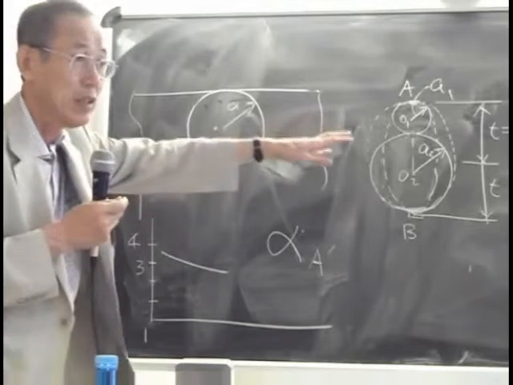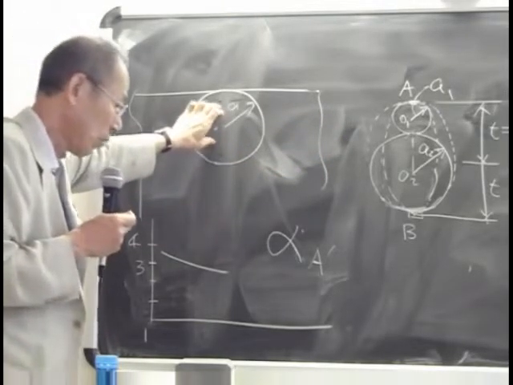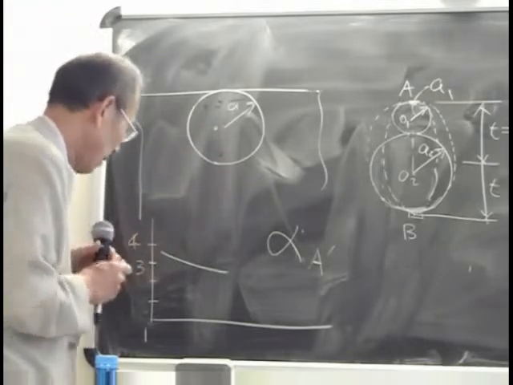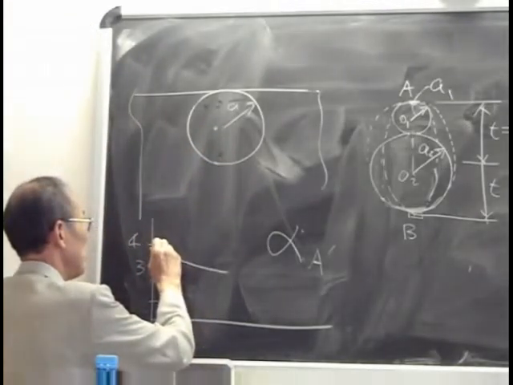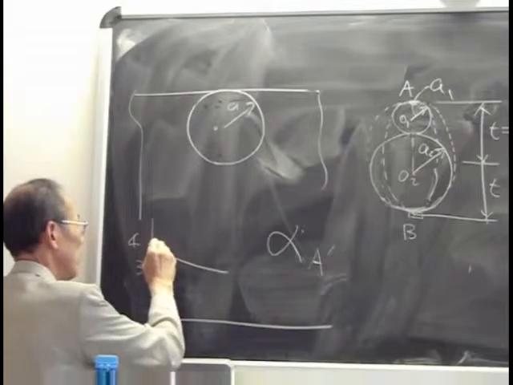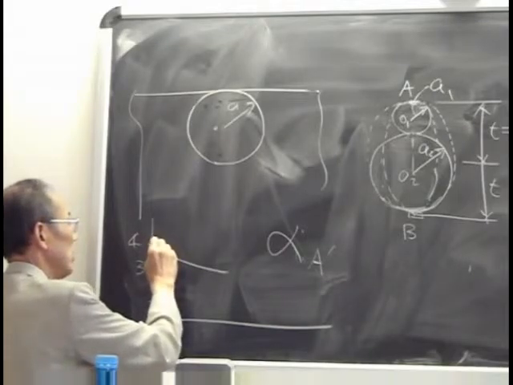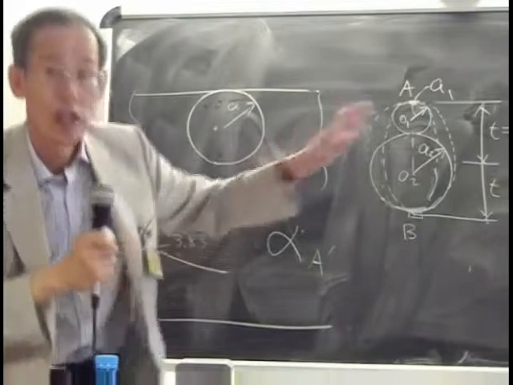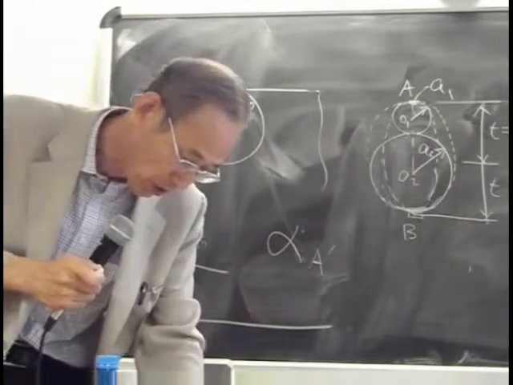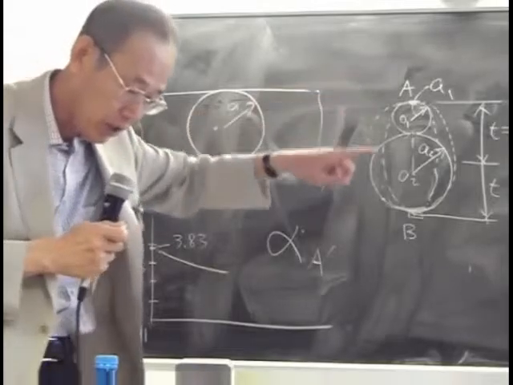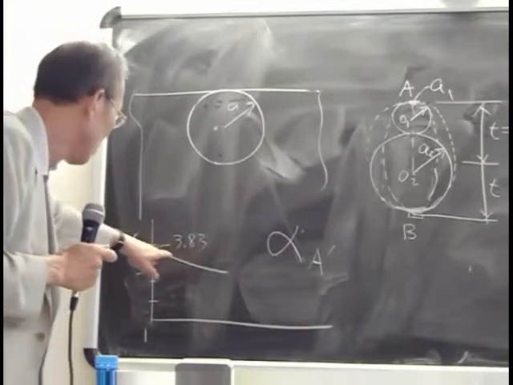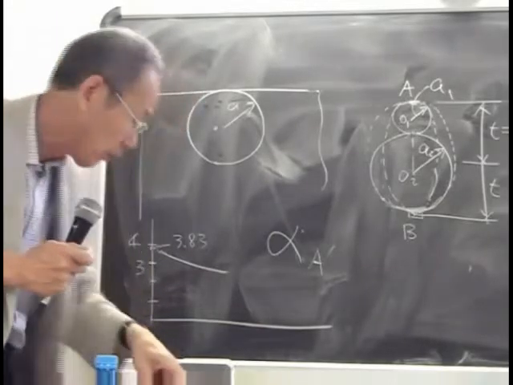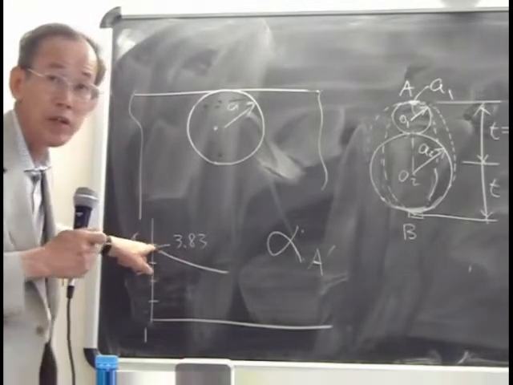But in our case, this problem is rather easier, and so the limiting value here is 3.83. As we estimated, if you extrapolate this curve to this vertical axis, you can see it approaches 3.83.